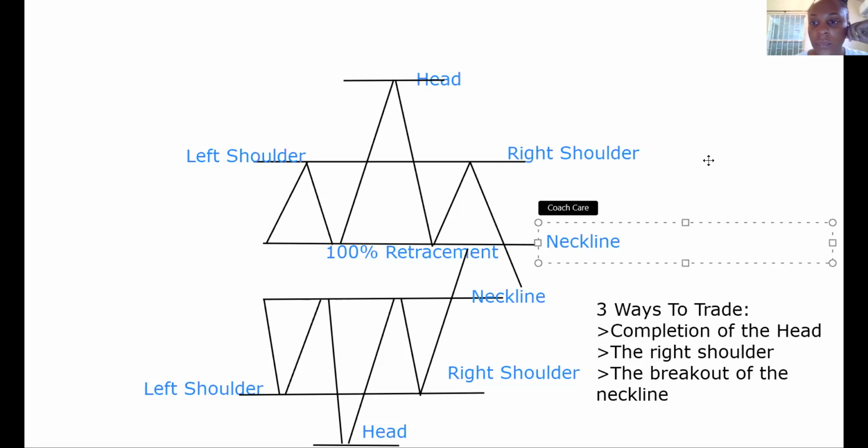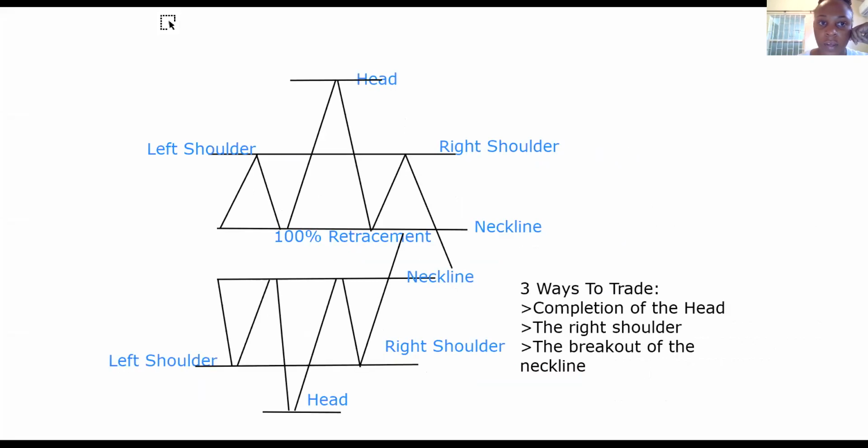So if you want to go ahead and take a snapshot of this, let me just expand. If you want to go ahead and take a snapshot of this, you can, because I'm going to move this now from here. So you can take a snapshot.